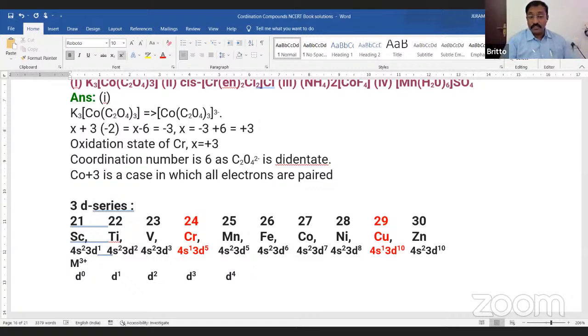In Fe3 plus, it is going to be d5. And then look at cobalt 27. 27 minus 3, Co3 plus, becomes d6. Cobalt 3 plus is d6.